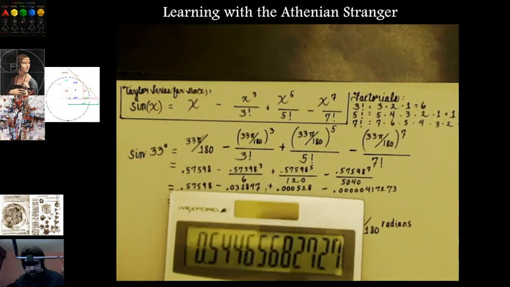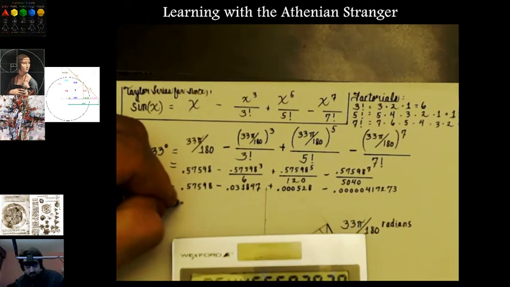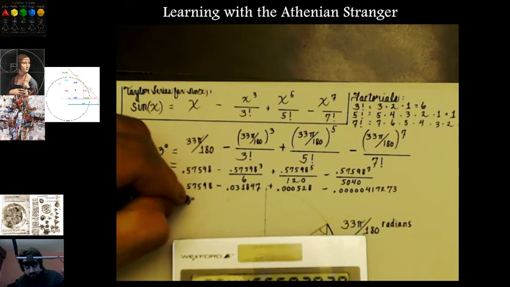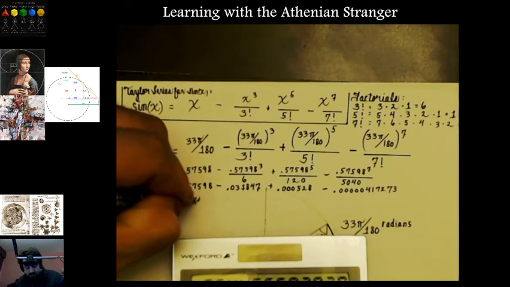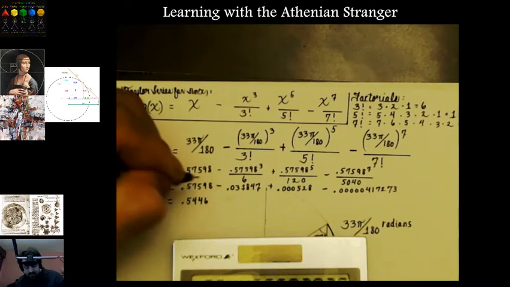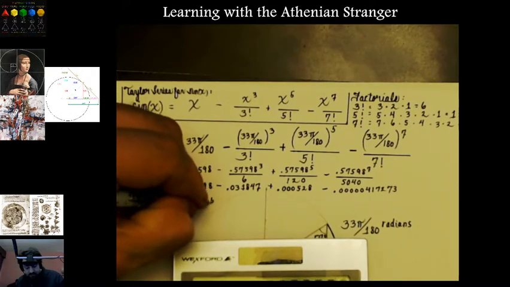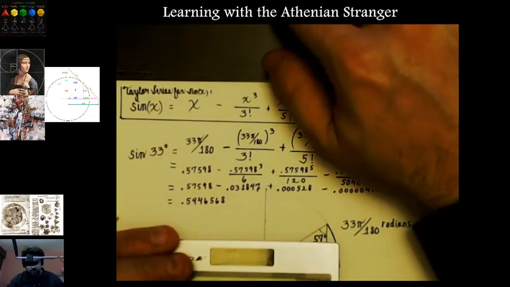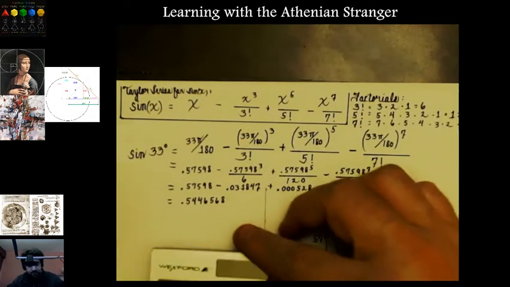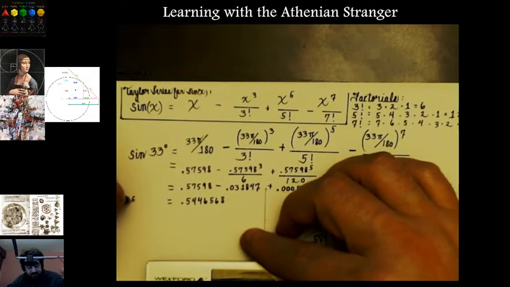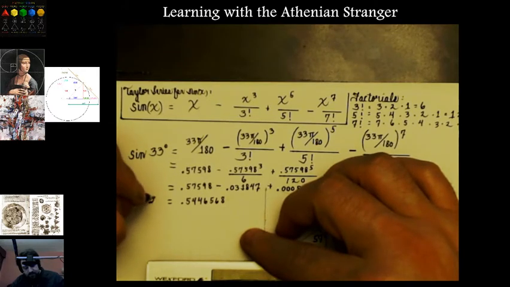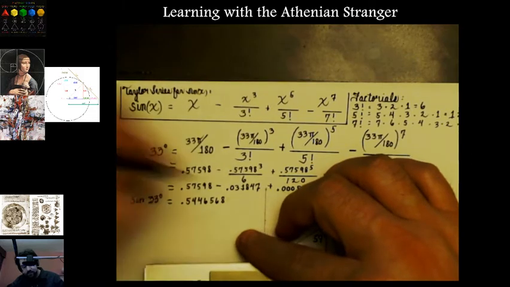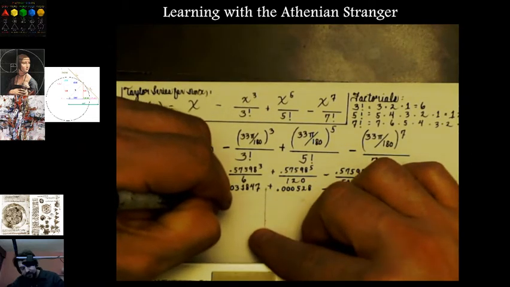All right, the answer came out to 0.544658. That is the sine of 33 degrees, and that's given to us in radians.